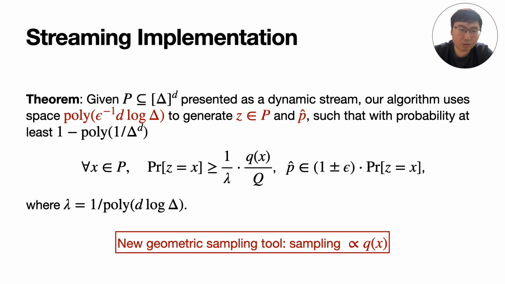Our technical contribution is a new sampling tool that samples roughly with probability proportional to Q of x, which is the sum of distances from x to every other data point. This sampler is very intuitive, and we believe it may be of interest to other applications.